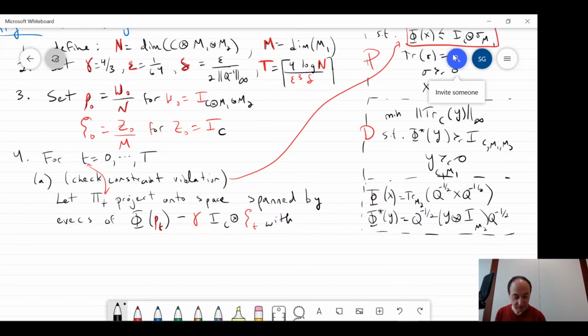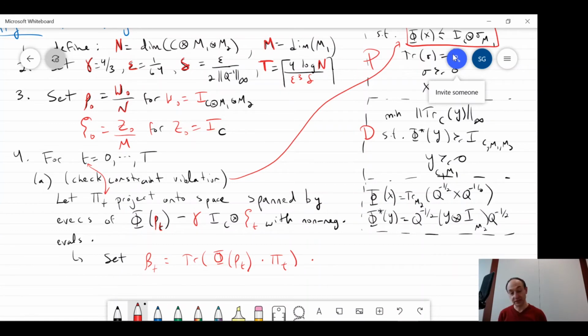So let's first write it down with non-negative eigenvalues. And then we want to set beta t equal to the trace of phi of rho t times pi t.